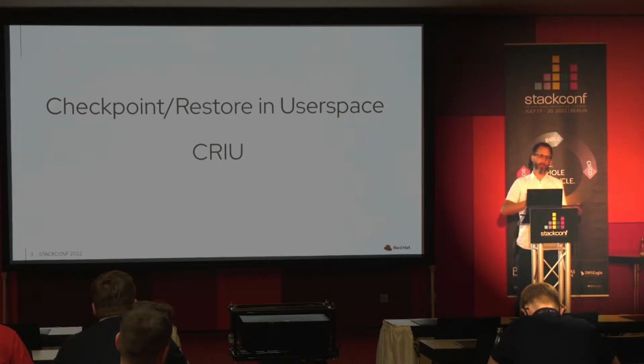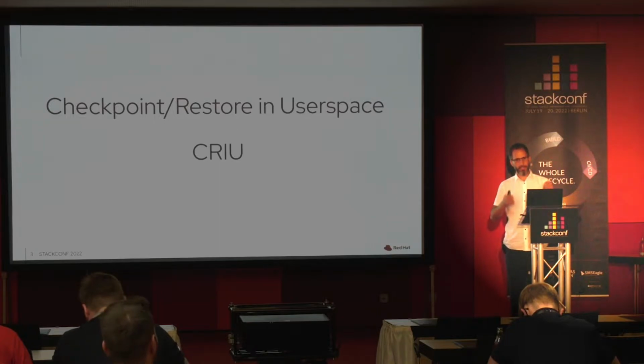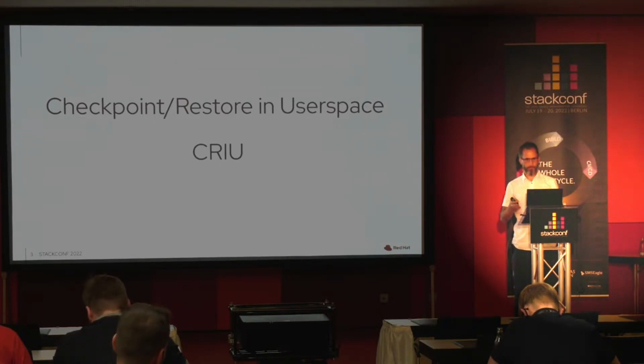You had to prepare it before, and to get to a really transparent checkpoint restore implementation in Linux, maybe 2006 or 7, there was an approach coming which was all based in the kernel, and looking at it from today, it would still be the best solution if it would be all in the kernel, because the kernel knows all the details about the process, so it would be much easier to have it in the kernel.